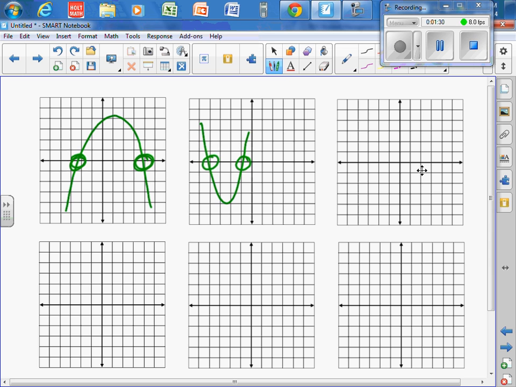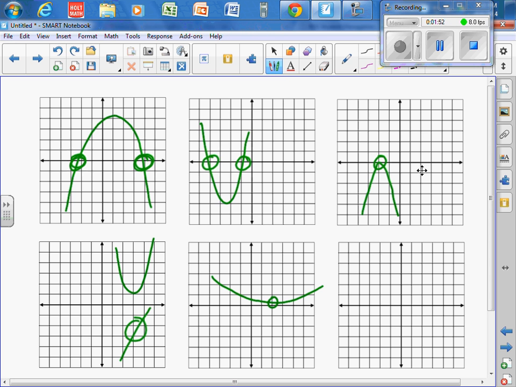Or it may be even only touching it once, like that. And I'll want to know what that point is. Or maybe it doesn't even touch at all, in which case we would have no solution because we want to know where it's touching the x-axis. Or something like this. It could be even something real shallow like this, and it still only touches one place.